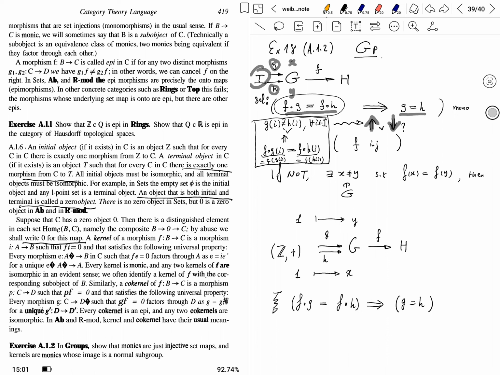So more precisely, suppose F is a monomorphism and not injective. There exist some elements x and y, different, such that their images are the same. How do we construct such a group I and different maps G and H? Imagine that in the category of sets you could simply take a set of one point, and map 1 to x with G and 1 to y with H, and both are maps.